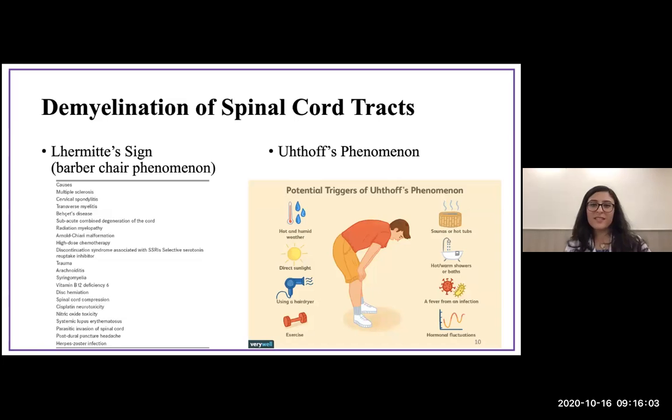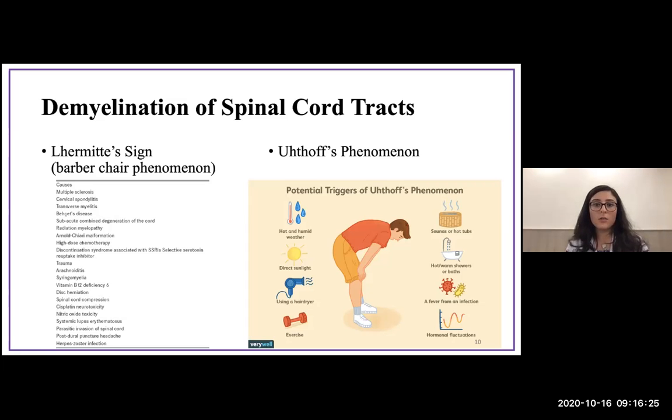There are also certain signs associated with multiple sclerosis. They're sensitive but not specific, such as Lhermitte's sign or barber chair phenomenon. Patients experience a shock-like or electricity-like shooting pain once they flex their necks, and this pain goes down to their arms, to their back, to their legs sometimes.